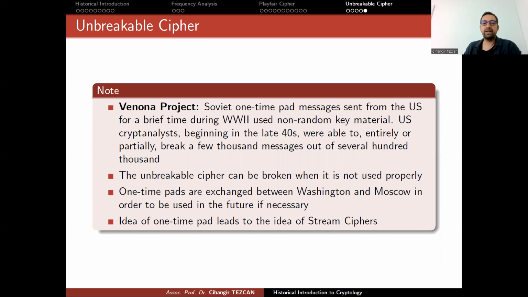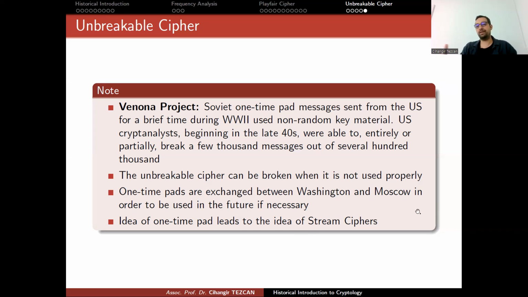The unbreakable cipher can be broken when it is not used properly. One-time pads are exchanged between Washington and Moscow in order to be used in the future if necessary. So if in the future something bad happens, like a technological advancement that allows breaking all of our known cipher systems, or a zombie apocalypse, I don't know, they may choose to use these one-time pads.